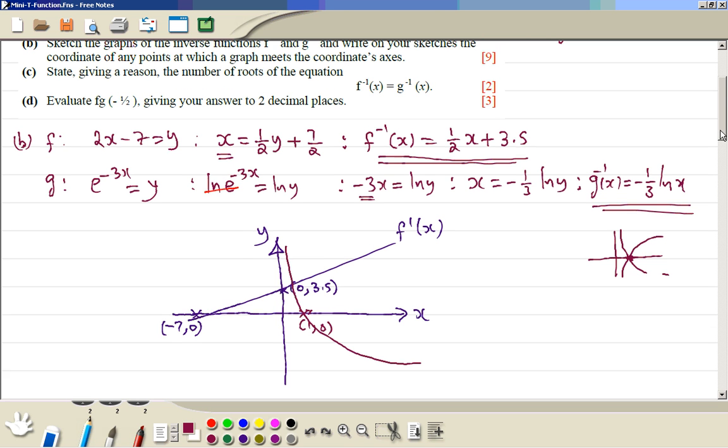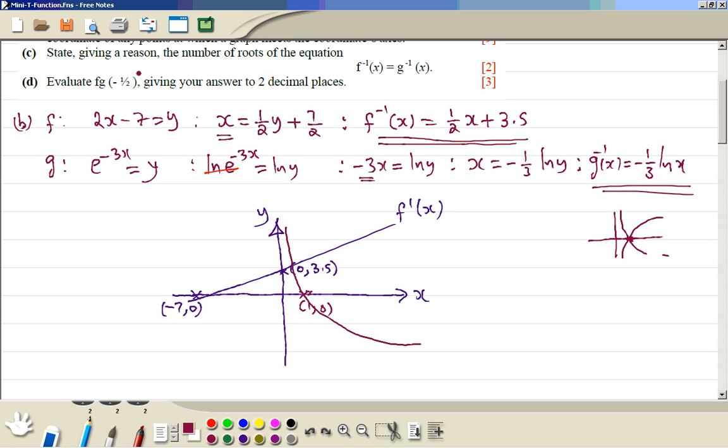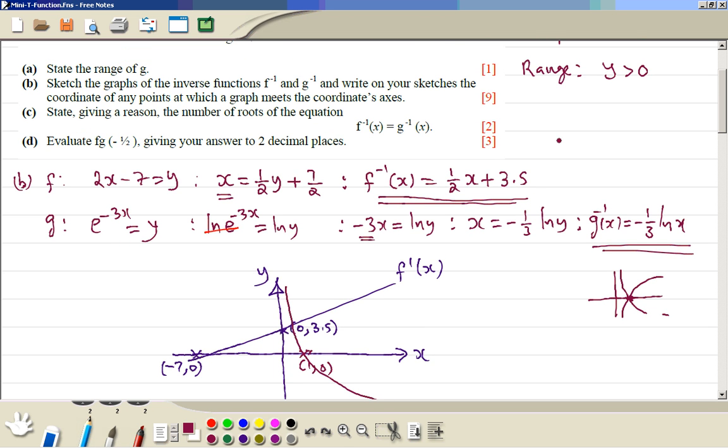Part C, number of roots. Then we put minus f, or f inverse, equal to g inverse.